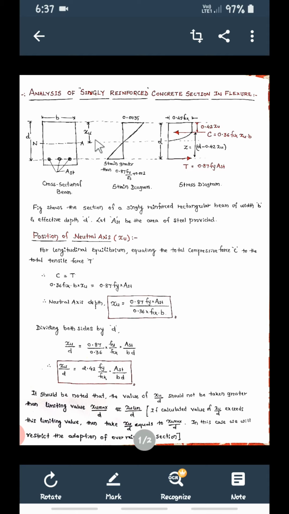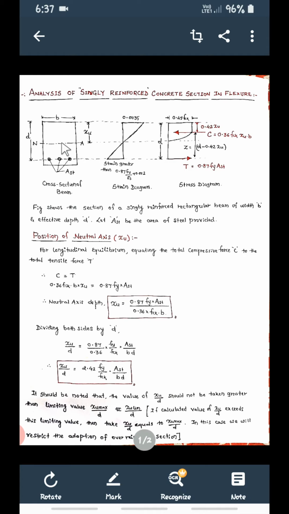Now see, as per the heading, singly reinforced means the steel bars are provided only at the tension zone. Can you see this line? This is called the neutral axis, as the name indicates, neutral.